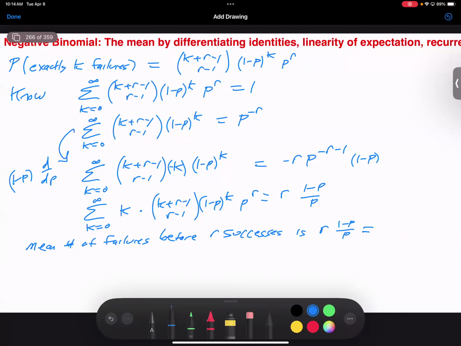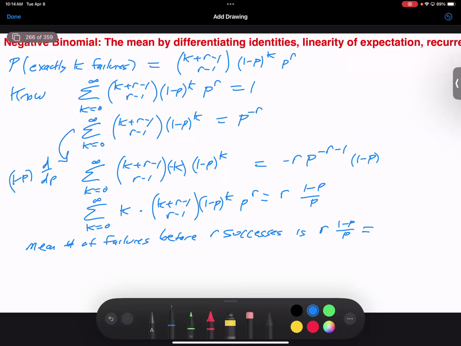So how could you rewrite that? 1 over p minus 1. And we're assuming p isn't 0. So we will assume p is not 0. If p is 0, what's the probability of your success? 0. How long is it going to take? It's going to take you a long time to get our successes when you have no chance for success. So implicit in all of this is the assumption that p is not 0.